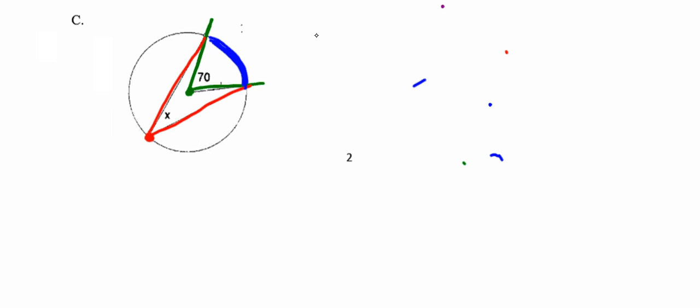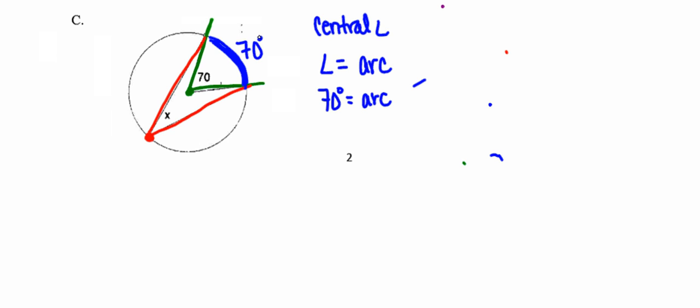So my rule for a central angle says the degree measure of the angle is equal to the degree measure of the arc. So in other words, the degree measure of my angle here is 70 from the picture, is going to be equal to the degree measure of the arc. So in other words, that blue arc measures 70 degrees. And now that I know the degree measure of that blue arc, now I can go find the measure of my red angle, my inscribed angle.